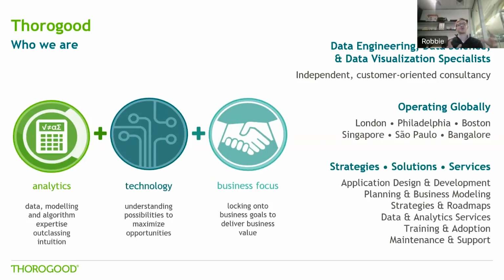But really what I want to draw your attention to is the part on the left, which is where we see our company's value line. We see it lying in the combination of analytics, technology, and business focus. So anytime we're starting a project or talking with a customer, we're bringing our analytics knowledge, we're bringing our technology knowledge, which we bring from previous experience but also by partnering with some of the latest technology vendors, and then also bring a business domain understanding.